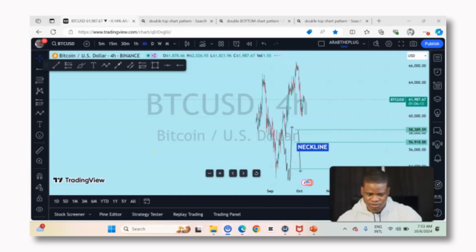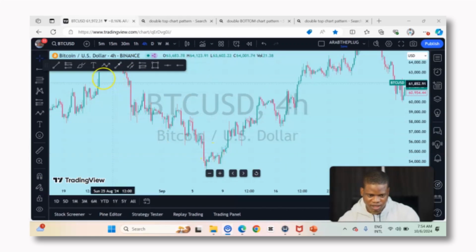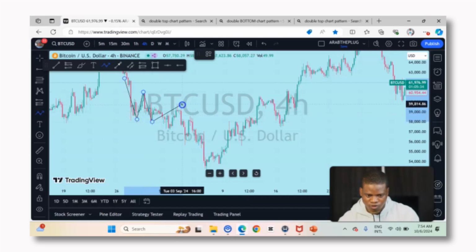on the Bitcoin chart. Clear example of a double bottom right here. So the market has been in a long downtrend, creating a series of lower highs and lower lows. Then it created the lower low here, and after creating this lower low, created a lower high.